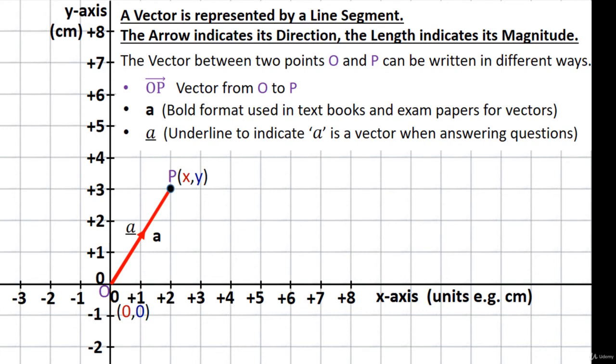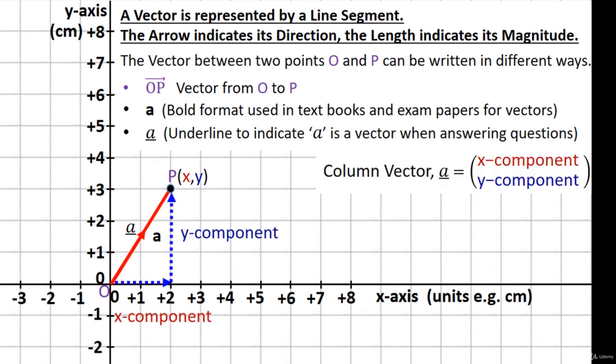Now for a 2D vector, there are 2 pieces of information it conveys. One is the x component, the other is the y component. See, the x component is 2 units in the x direction and also 3 units in the y direction.